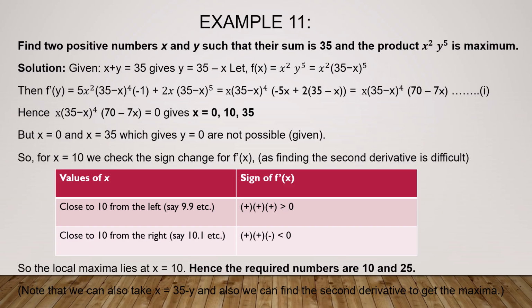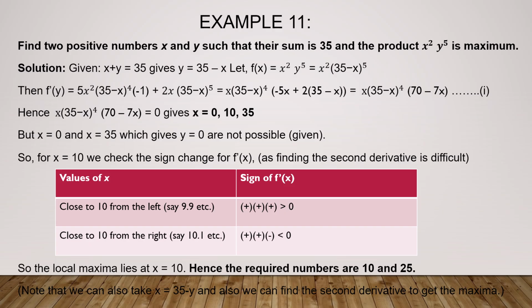First of all, from the left, if I take x as say 9.9 and put it in the function f dash, what will it be? x is 9.9, positive. 35 minus 9.9 whole raised to 4, that is also positive. 70 minus 7 into 9.9, that is greater than 0, so that term is also positive. So plus plus plus, it is greater than 0.